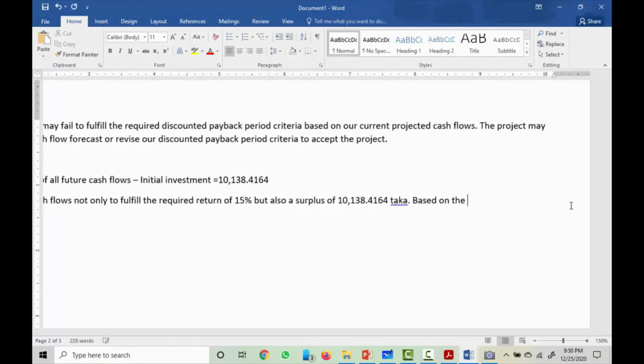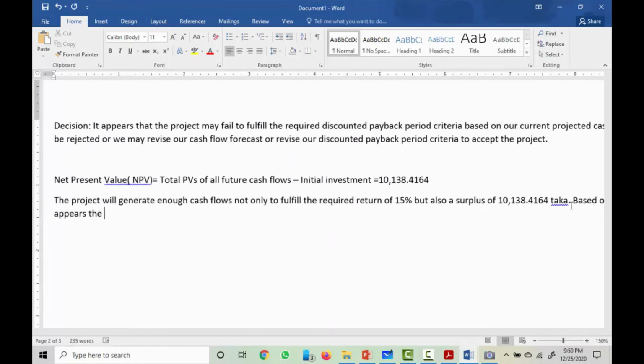So based on the outcome of NPV, it appears that the project is good. So we can accept the project, because it is already fulfilling our required return.